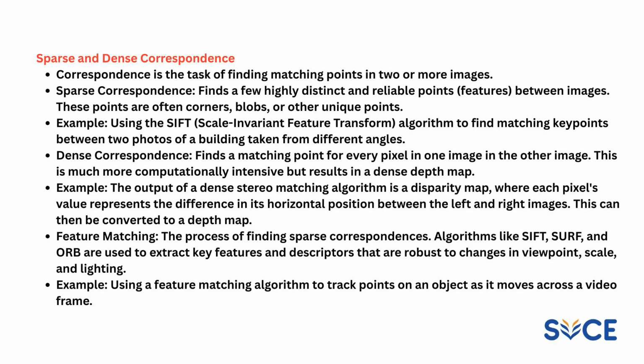Sparse correspondence is like connecting only the landmarks between the two photos. Instead of worrying about every single pixel, we pick a few distinctive points that are easy to recognize no matter the angle, like the corners of windows, sharp edges, or areas of unique texture.